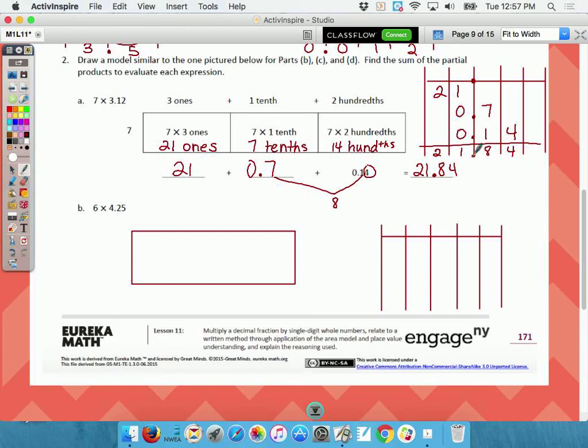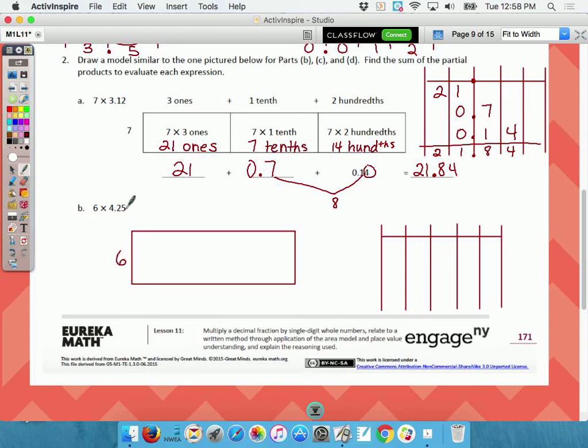I need you to stay with me, okay? All right. Let's do the next one and then we will skip C on the back and just go directly to D. Okay, so take a look at the numbers we're multiplying. 6 copies of.